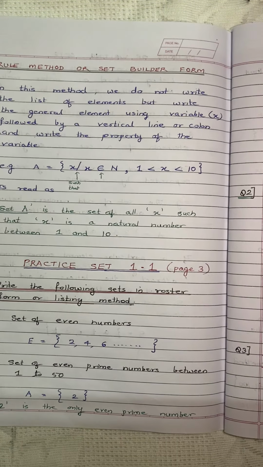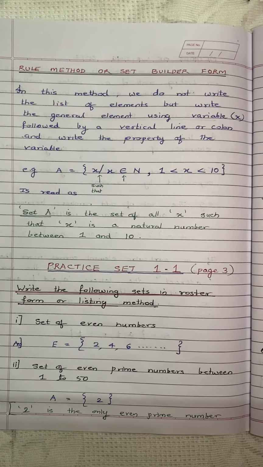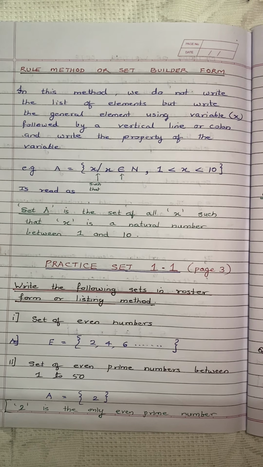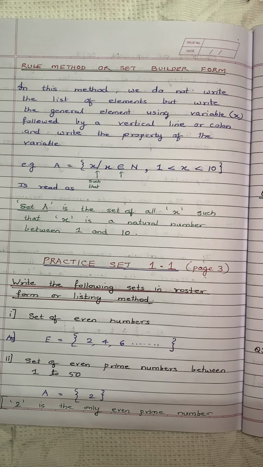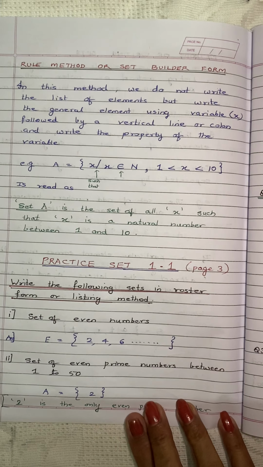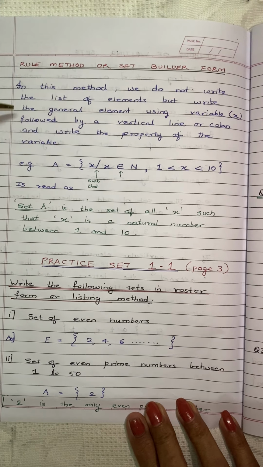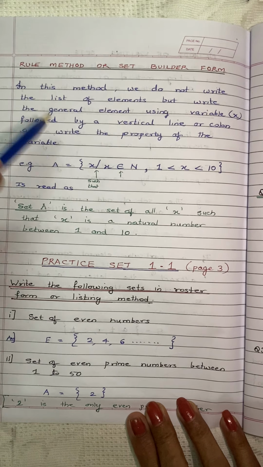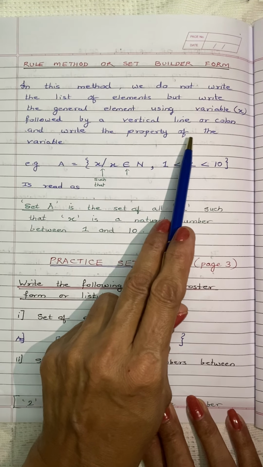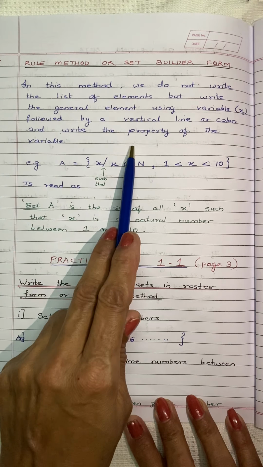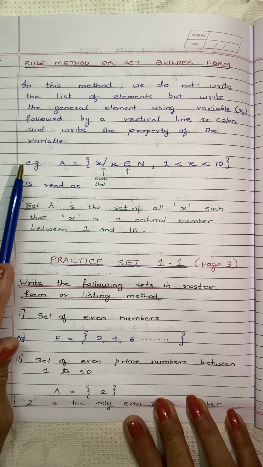Now second is the rule method or set builder form. In this method, we do not write the list of elements but write the general element using variable x followed by a vertical line or colon and write the property of the variable.